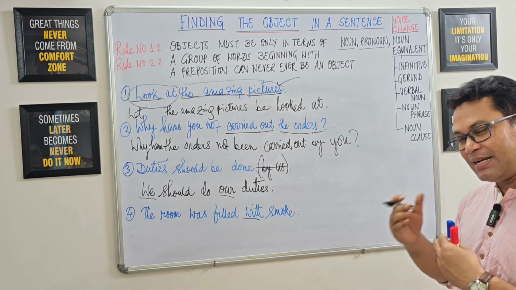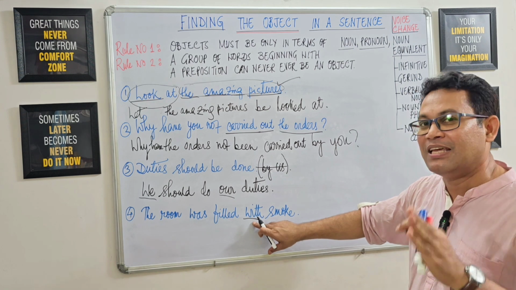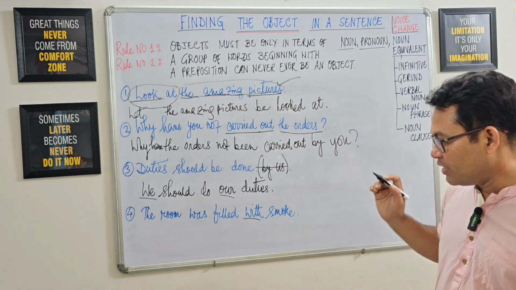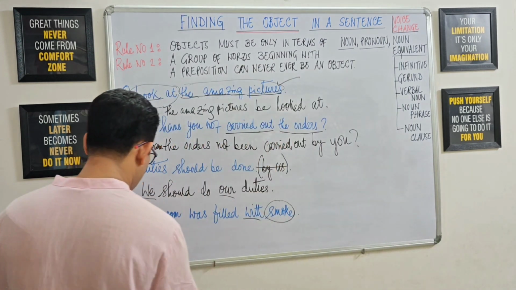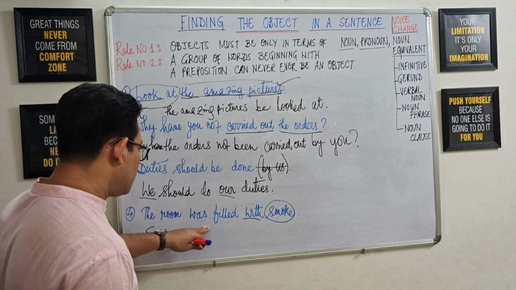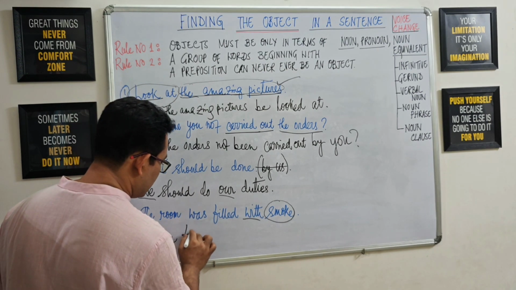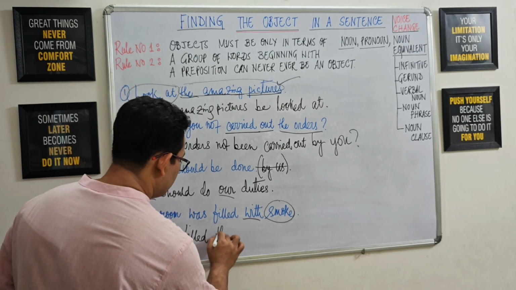It is not that smoke did something just like an agent. That's why we are using with in place of by. So here smoke is the object, so bring it at the very beginning. Smoke, was filled, active filled, then the room.